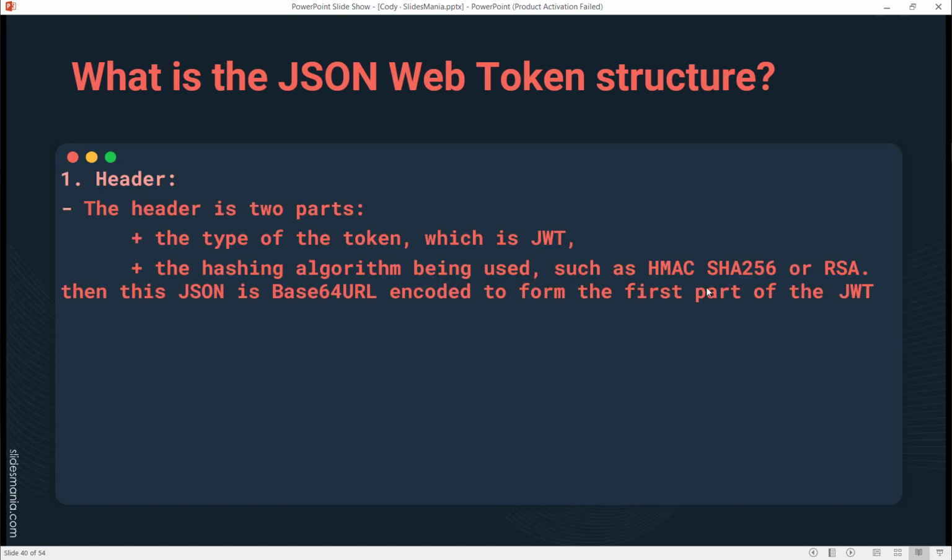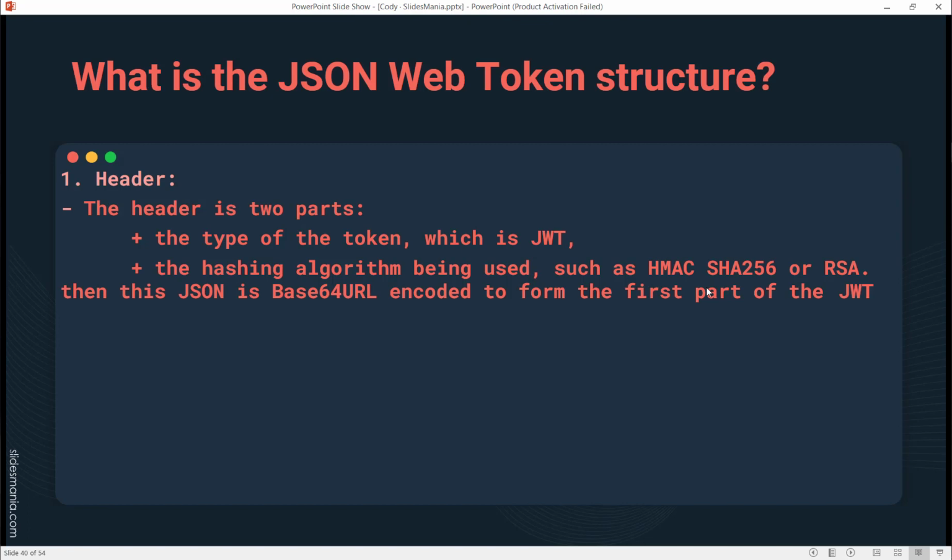Next, what is the header? The header has two parts: the type of the token, which is JWT, and the hashing algorithm we use, such as HMAC, SHA256, or RSA.